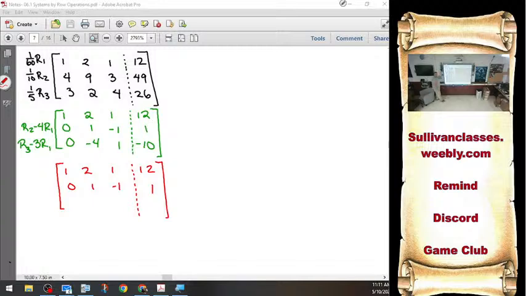But what do I do downstairs? 3 minus 2 row 3. Yeah. Row 3 plus 4 row 2s. 0 times 4 plus 0 is still 0.